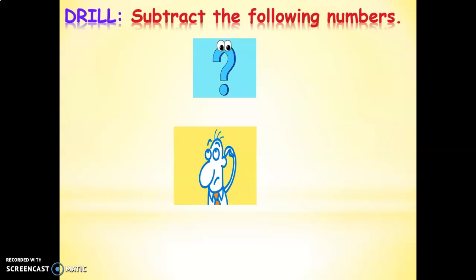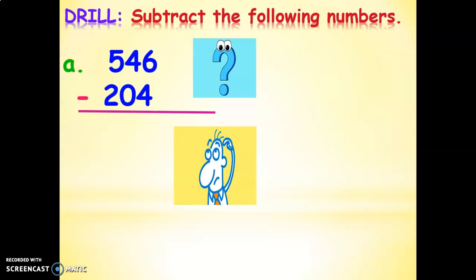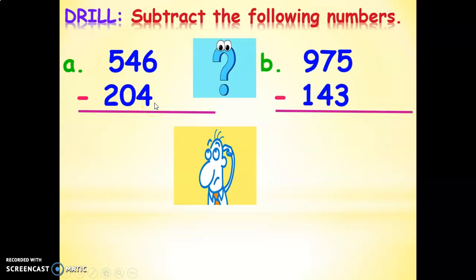Now, if you do understand our lesson, try to answer this drill. Subtract the following numbers. For letter A, we have 546 minus 204. Letter B, 975 minus 143.